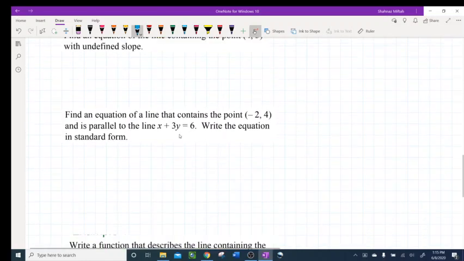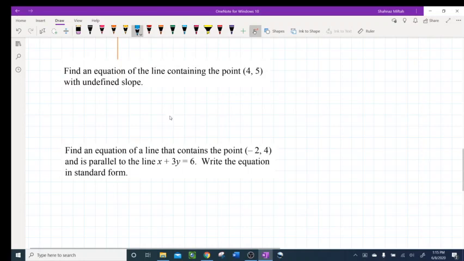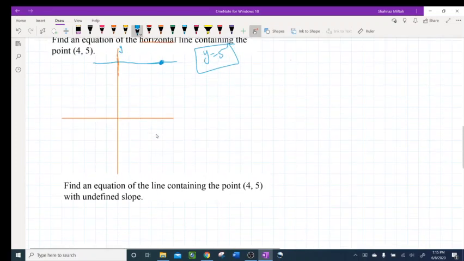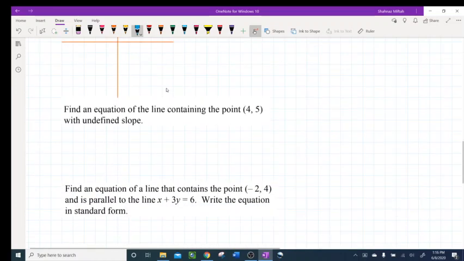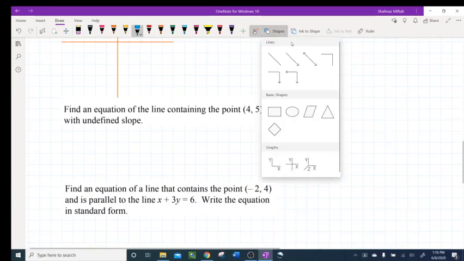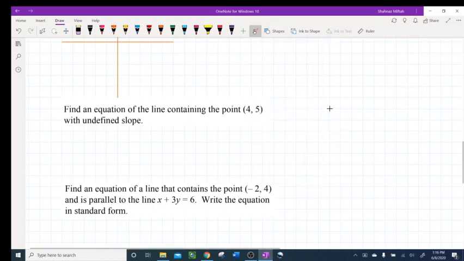Okay, let's try this one. Find equation of the line containing the point 4, 5 again with undefined slope. That's at 4, 5. 1, 2, 3, 4, and 5. Okay, pay attention. So this is the point.